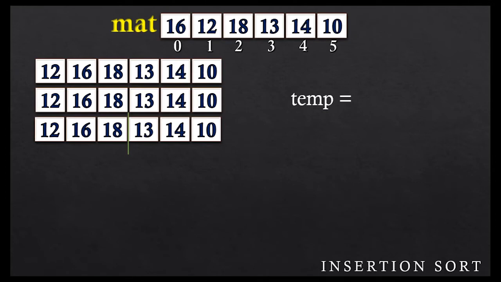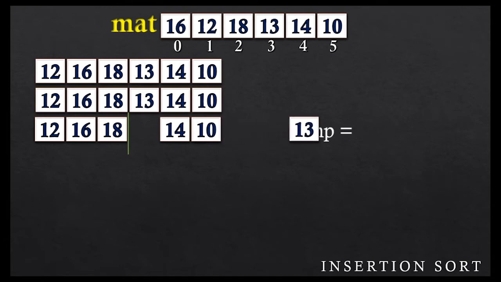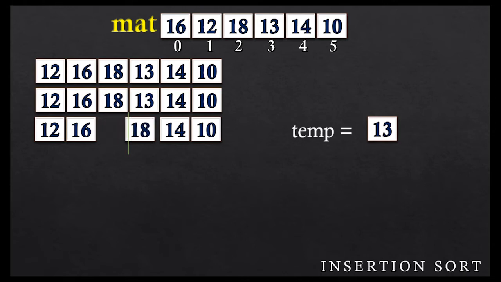Now move to the next step and repeat the same process again. Just pick one element from the unsorted array, that is 13, and compare 13 with all the left hand side elements. First we compare 13 with 18. Because 13 is less than 18, 18 shifts one place to the right. Again we compare 13 with 16.